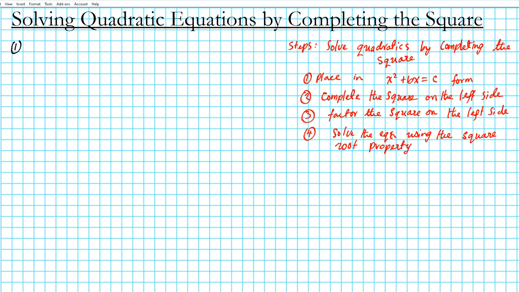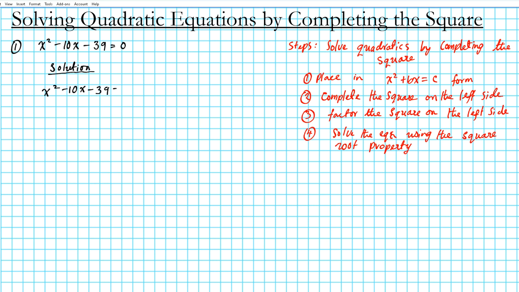All right, so for question 1, let's say we have the quadratic x squared minus 10x minus 39 equals 0. All right, so for this, let's go ahead and rewrite the problem. So we have this quadratic in standard form.